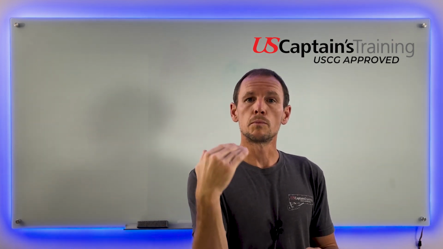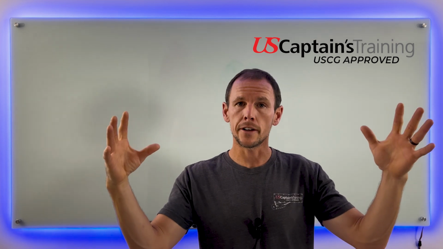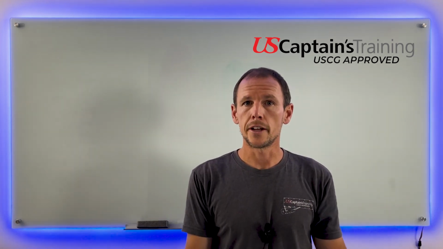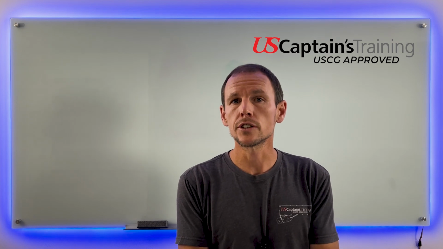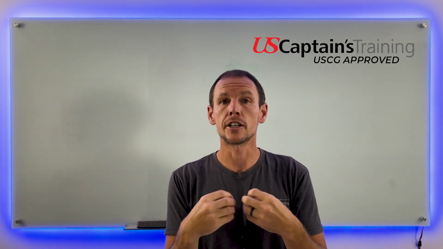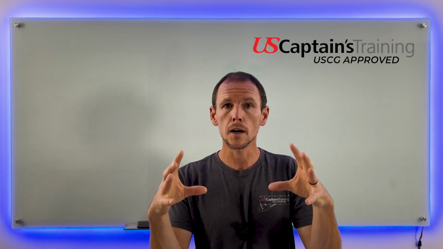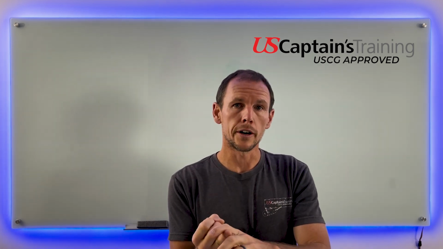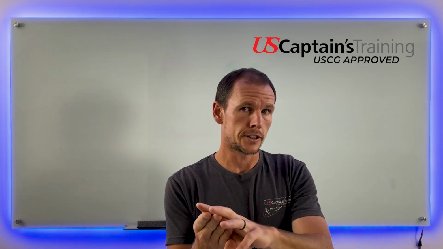So small scale, large area, like a sailing chart that covers an entire ocean. And then you have a large scale chart, which covers a small area, like the inset on a chart, which covers only the harbor in great detail. So large scale, small area, small scale, large area.